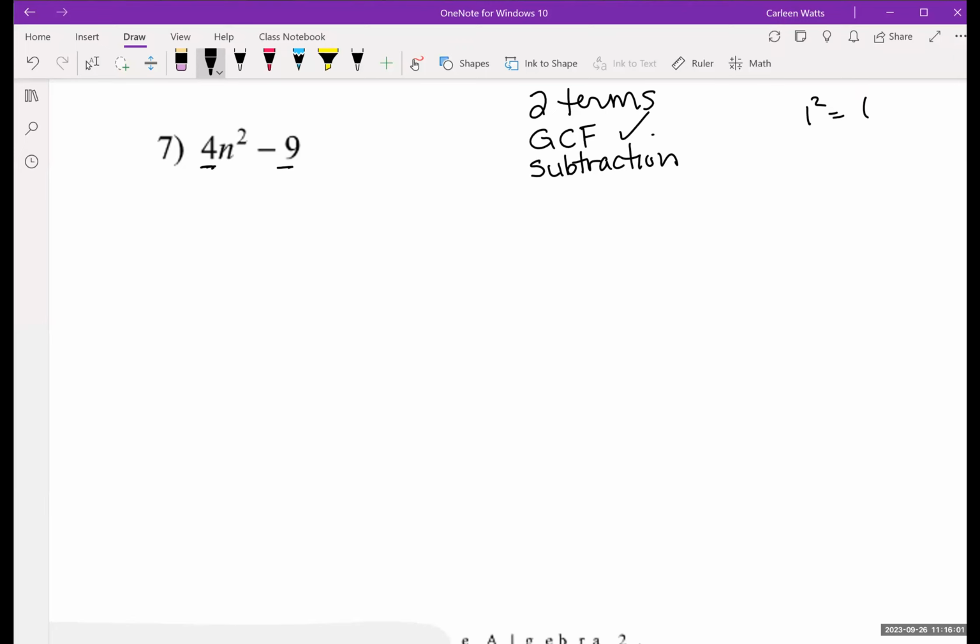One squared is 1. Oh, not prime. It starts with a P, but it's not prime. 2 squared is 4. 3 squared is 9. It is the group of numbers, but thank you for participating. Perfect squares.